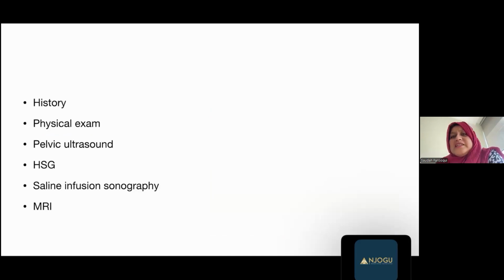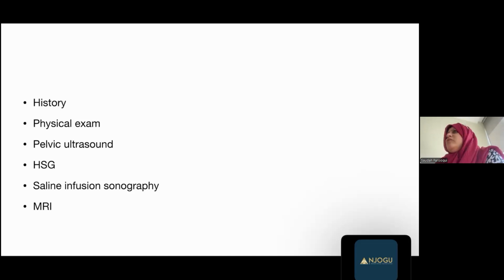So very important is the history. When a patient presents to you, the first thing that will start pointing you in the direction of a fibroid is the history. They may come in with painful or heavy bleeding. They may come in with painful sex. They may come in with a history of a mass or some firmness in their tummy.